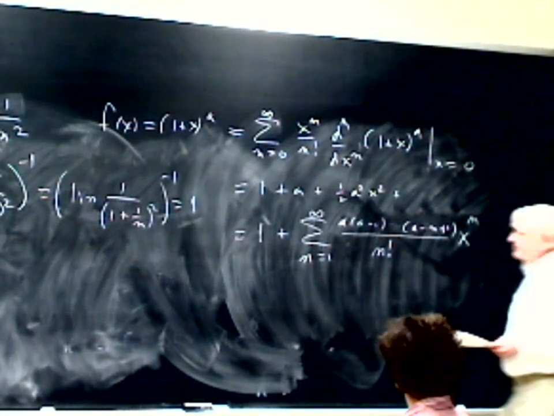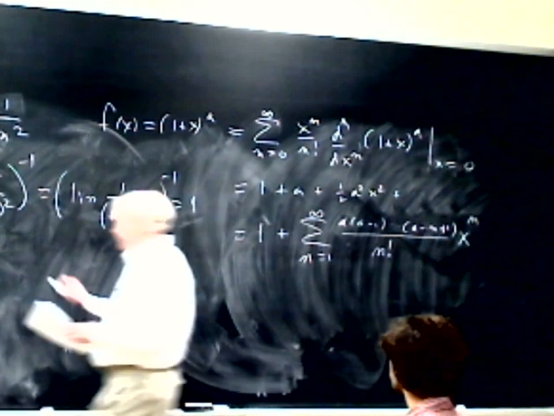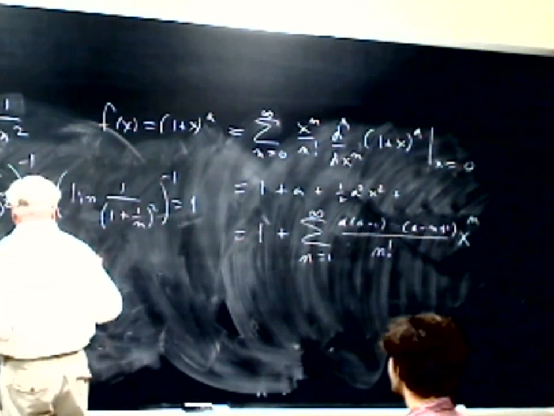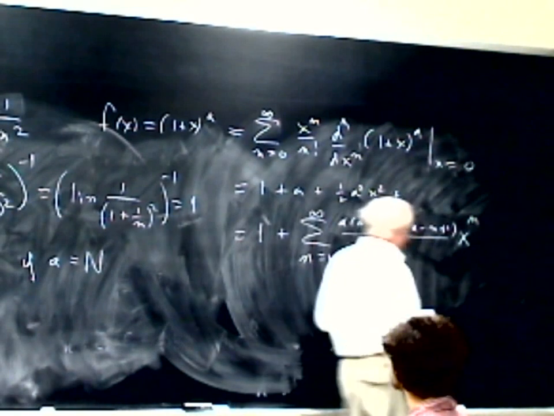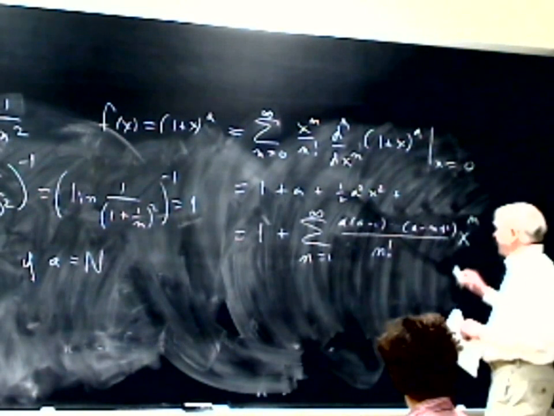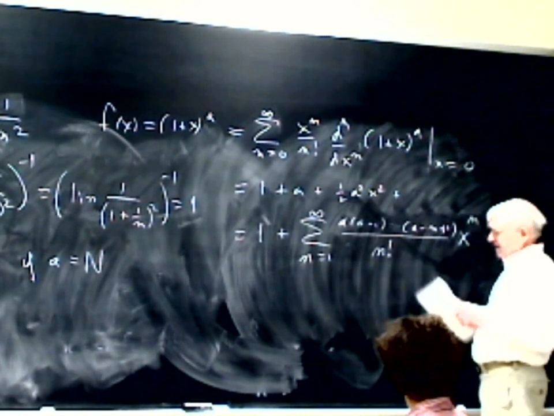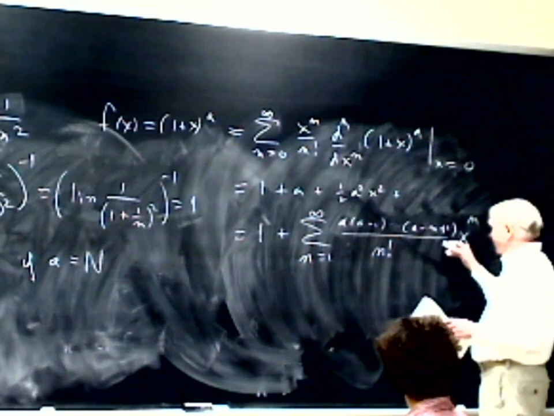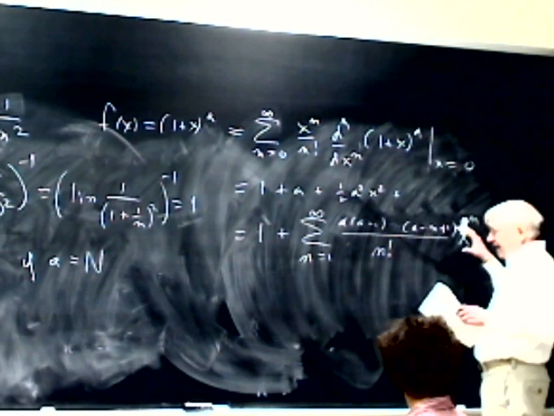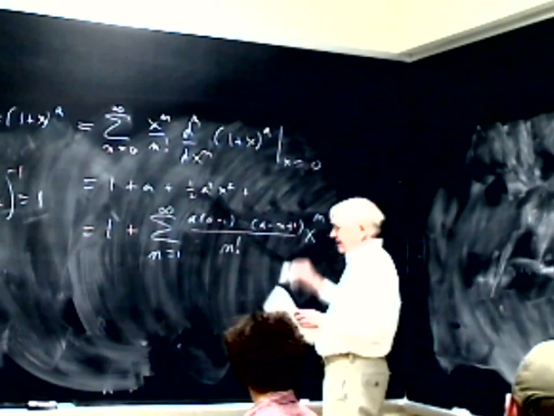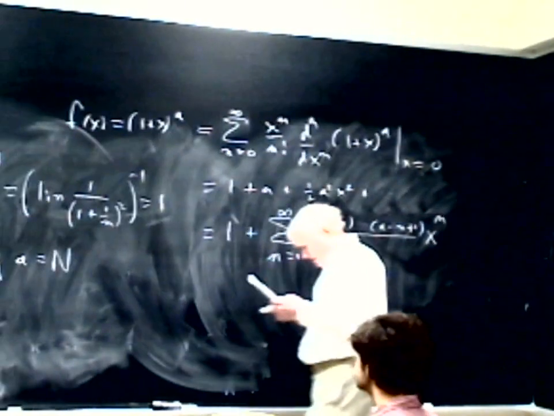Now, if a is a positive integer, say capital N, then the last term is when little n is equal to big N, because the next term, when little n is equal to N plus 1, contains the factor a minus N, which is zero.